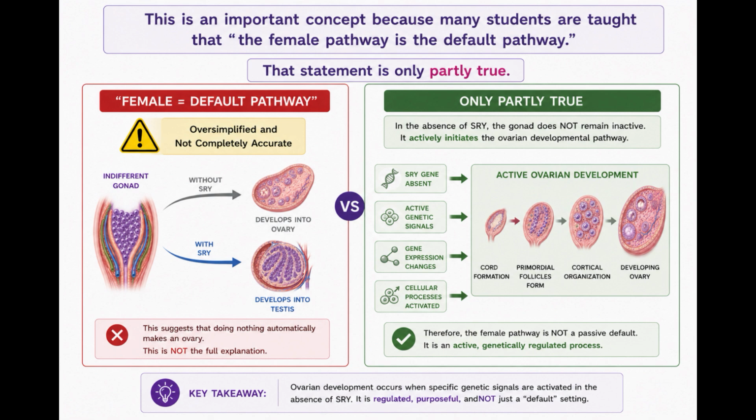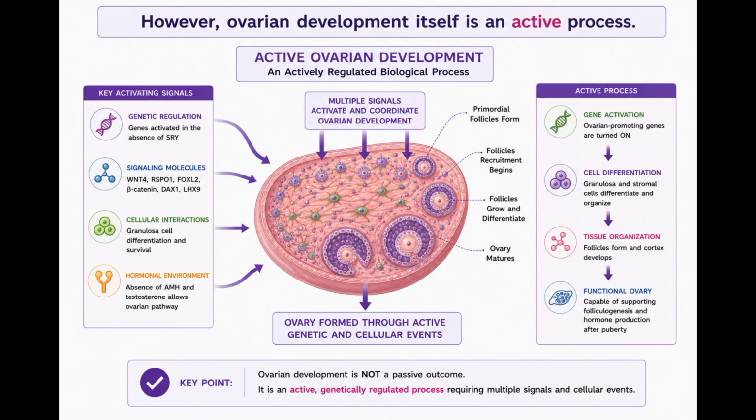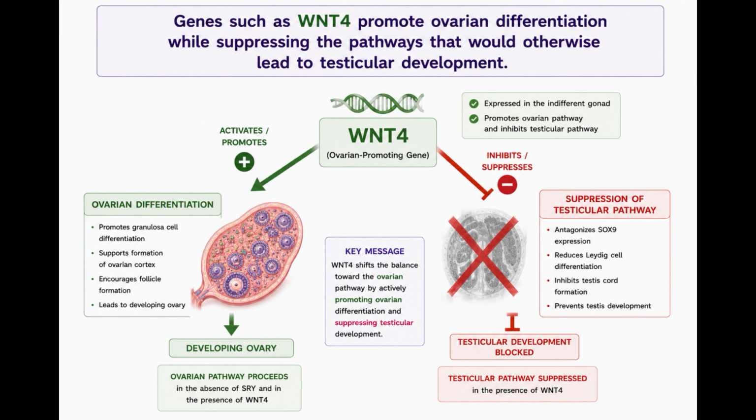That statement is only partly true. It is true that, in the absence of male hormones, the embryo develops female internal and external genitalia. However, ovarian development itself is an active process. Genes such as WNT4 promote ovarian differentiation while suppressing the pathways that would otherwise lead to testicular development.